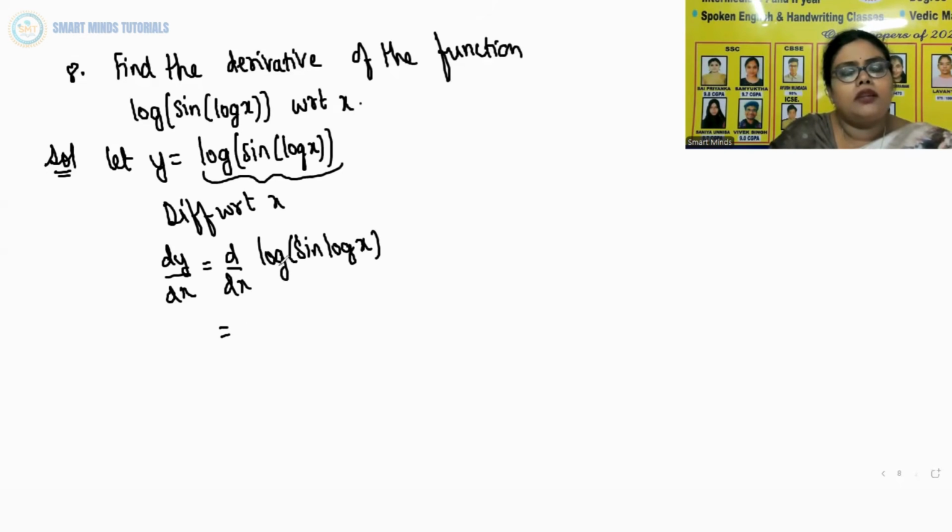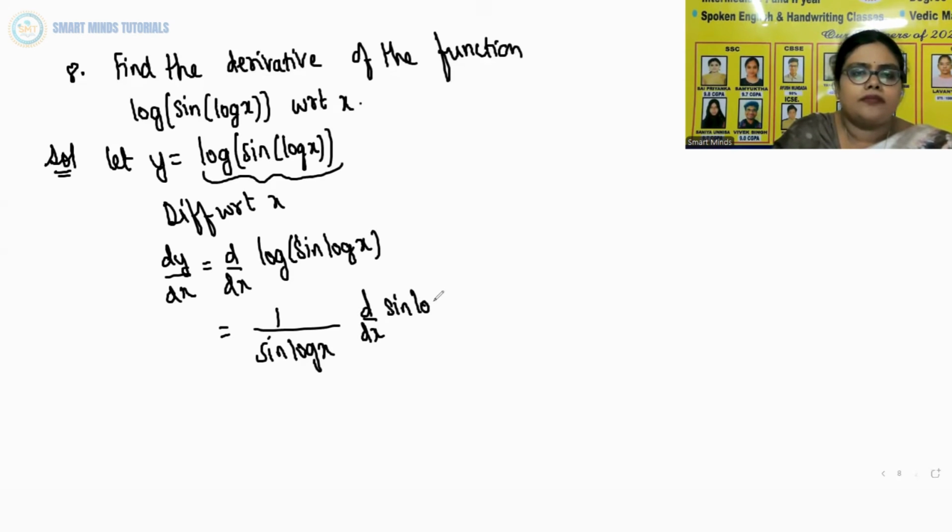Now we know that the derivative of log x is 1 by x. So the derivative of log sine log x will be 1 by sine log x. Then again differentiating sine log x. Now we know that the derivative of sine theta is cos theta. So the derivative of sine log x is cos log x.